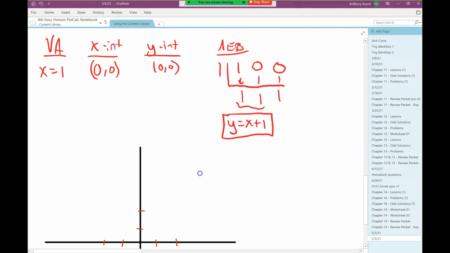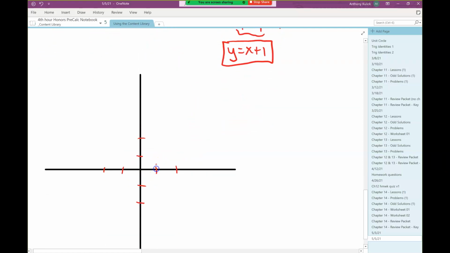So I have a vertical asymptote at 1. And then I have this other asymptote at y equals x plus 1. I'm just going to use the x and y intercepts of that.